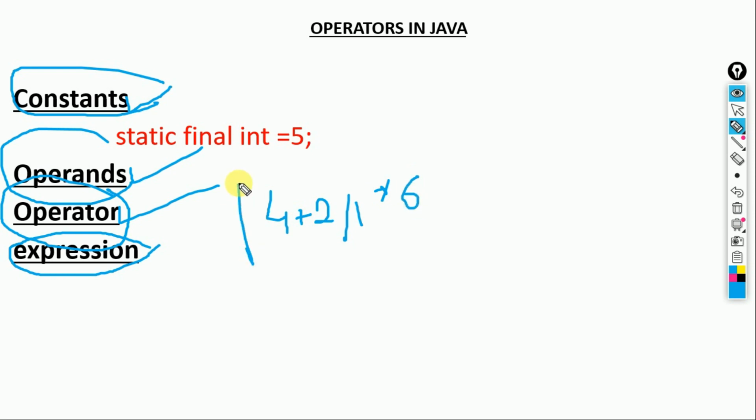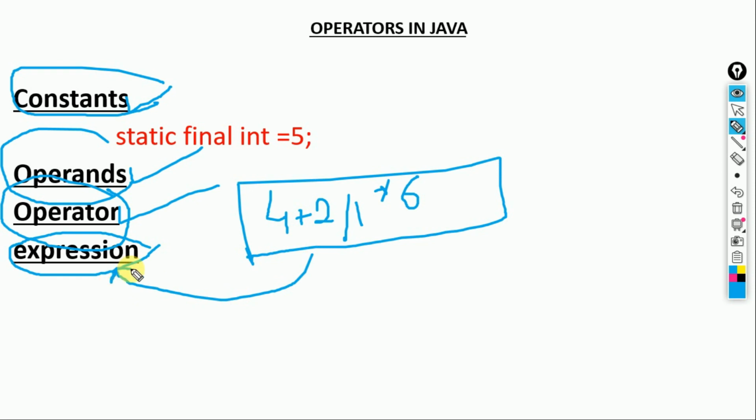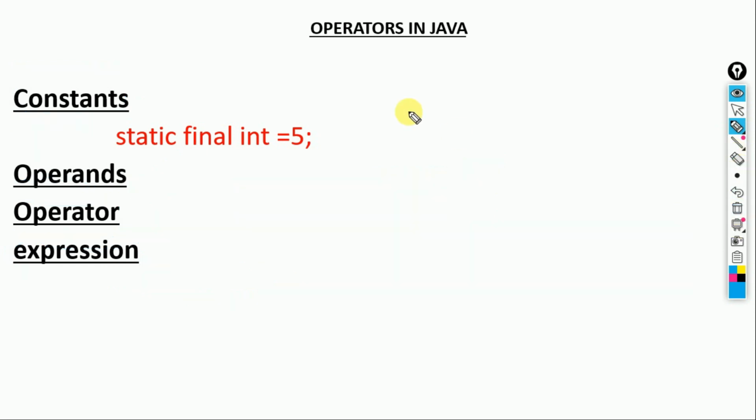What its answer is, is something different, but this will act as an expression. In an expression there are operands, there is an operator, and there are some constant values used in a single line. That's called an expression. In the next video we will talk about types of operators.